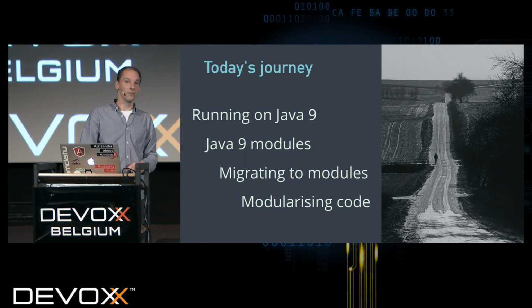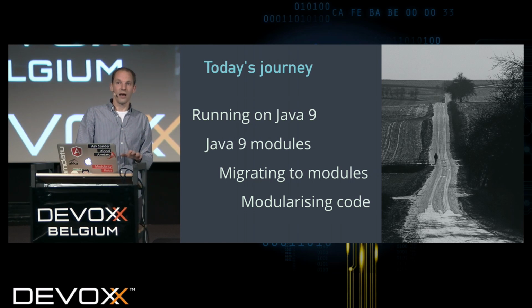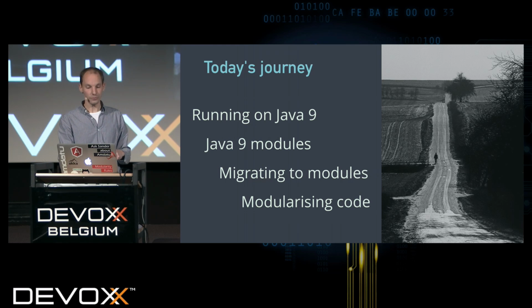And after that, we're going to look at how this application could ideally look like in a modular world, in the Java 9 module system world. But to get there, we need to take steps. We need to take incremental steps. So Paul will take us through the steps that are necessary for this class path-based application that is using Spring and Hibernate and all the cool tools that we are using currently in Java development, and how we can take this and migrate it step by step into a modular world.